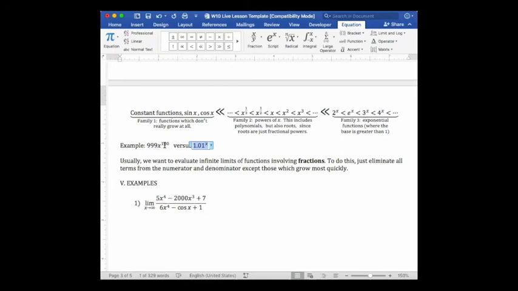For really big values of x, this function is going to be so much larger than the other function that this little weak power function, compared to this exponential function, is almost like nothing. Recognizing that comparison is really key to analyzing infinite limits. So anyway, the exponential wins.